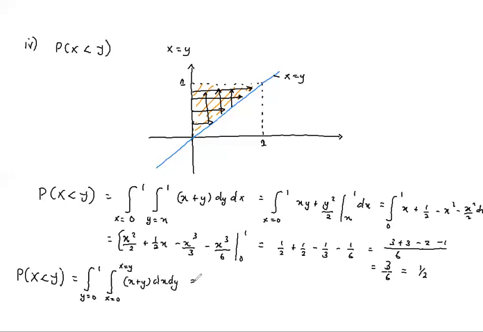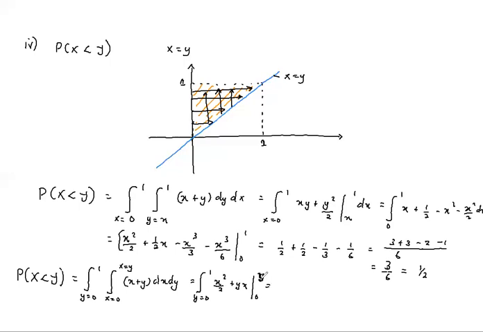So you can change the order. So this is y from 0 to 1, and then x squared over 2 plus yx from 0 to x. I mean from 0 to y.